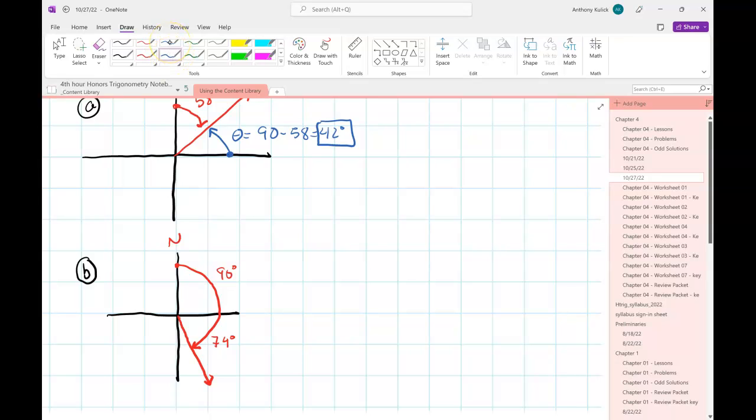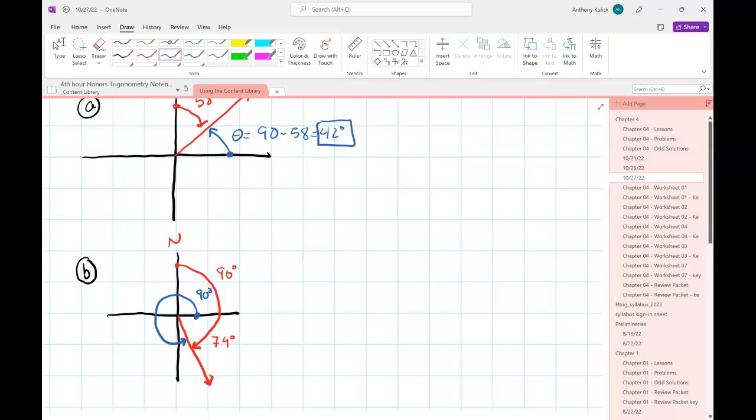Everybody agree with that? So now let's draw our standard position angle. We start on the positive x-axis and go counterclockwise.